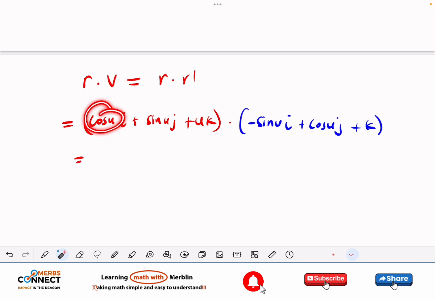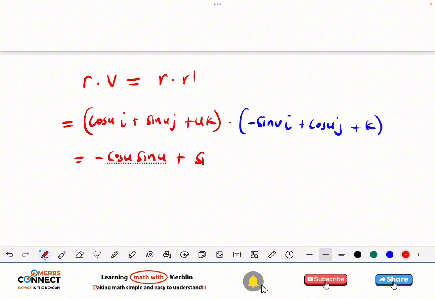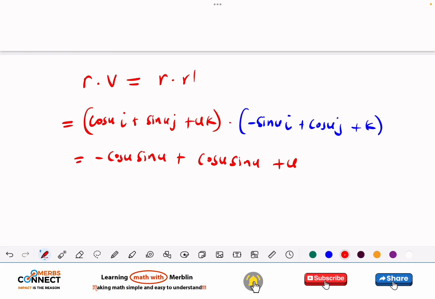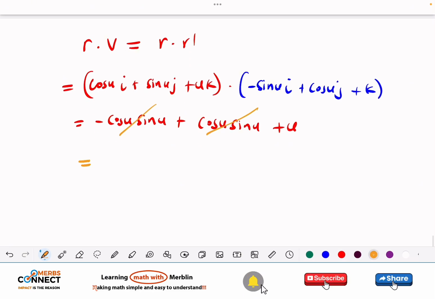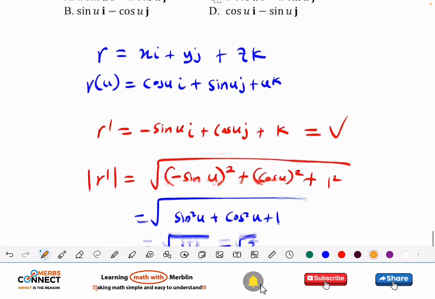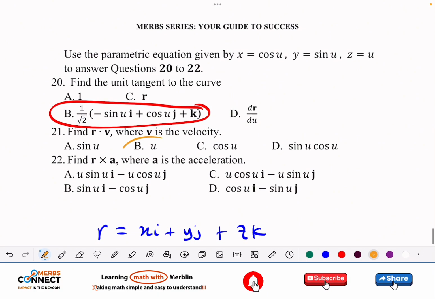This times this is going to give us minus cos u sin u, plus this times this is going to give us cos u sin u, and then this times this is going to give us plus u. So this will cancel this, so we are going to have u. So let's see if we have u there. Okay, we have u there.